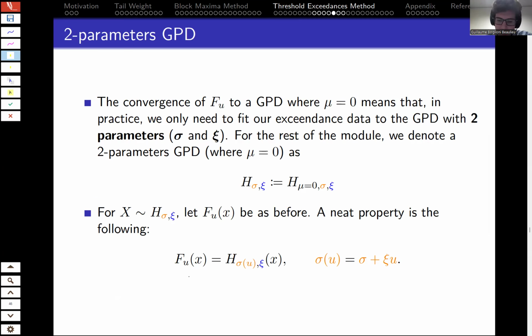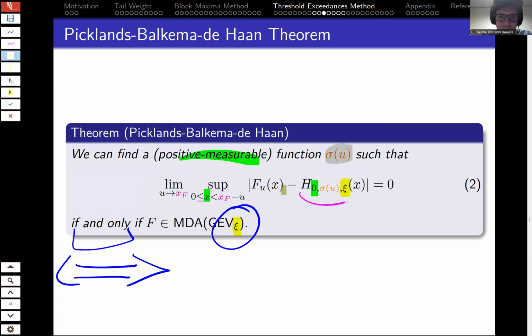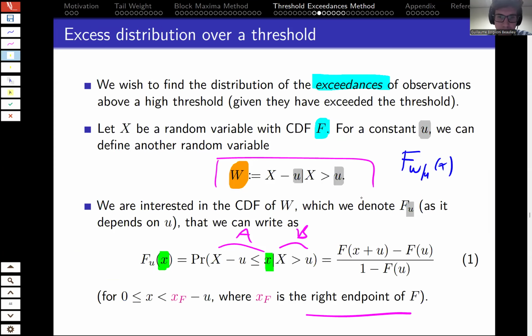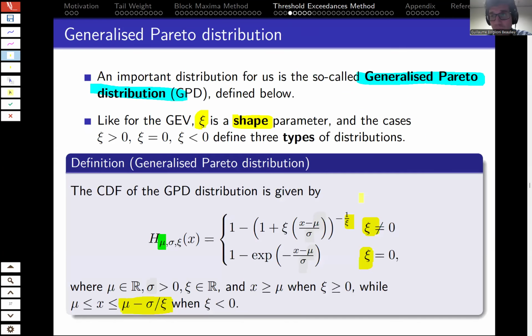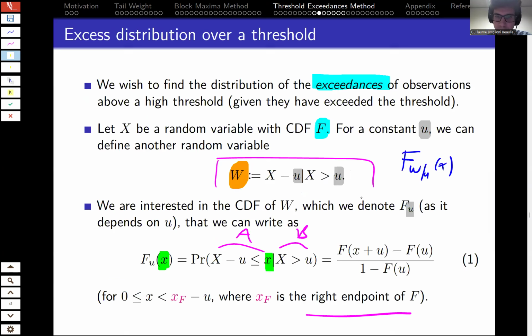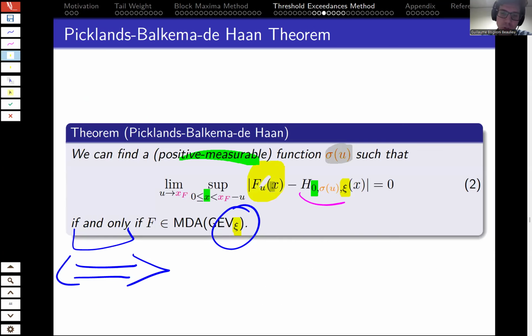So you see, in the theorem, the distribution of exceedances is close to the GPD with a mu of 0. So even though we define the GPD in full generality here with 3 parameters, in fact, we really don't care about mu, because the theory tells us that what the FU converges to is a GPD with a mu of 0.